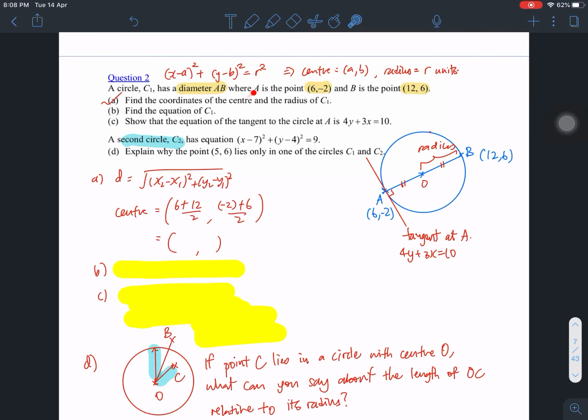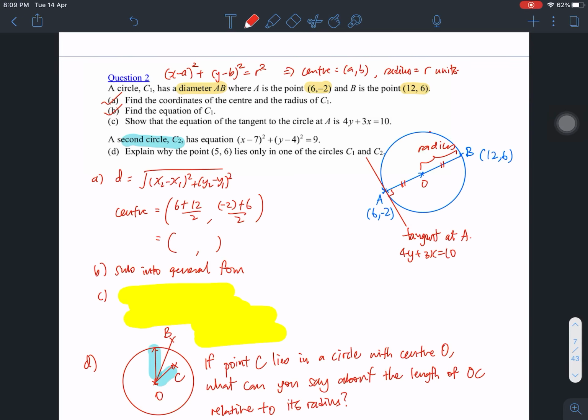Okay, so if I have already found out the coordinates of the center and the radius, I can simply substitute back into this equation, right? And I will be able to find the equation of this circle. Okay, so I'm done with part B as well.